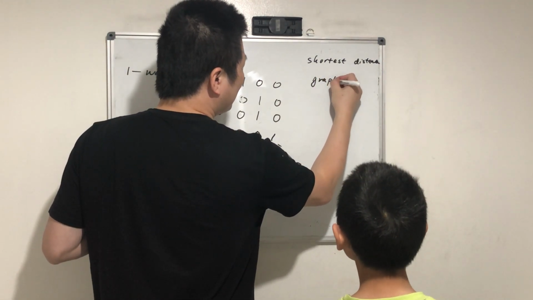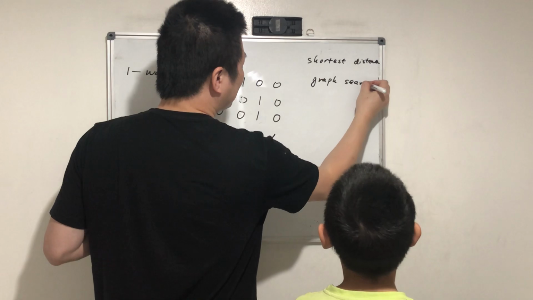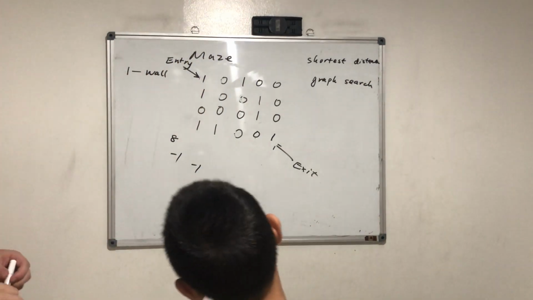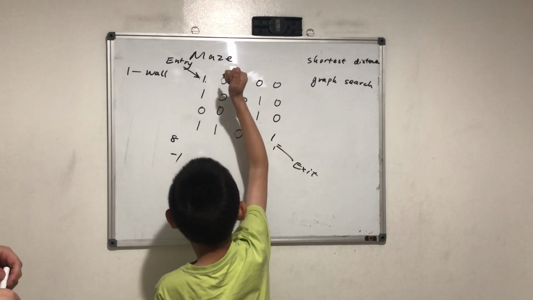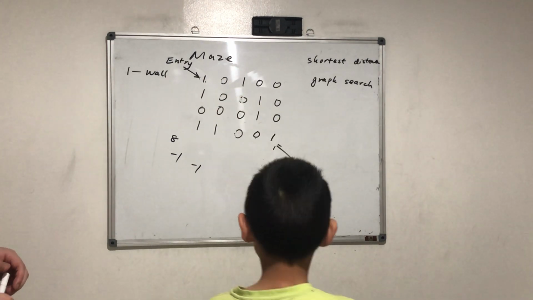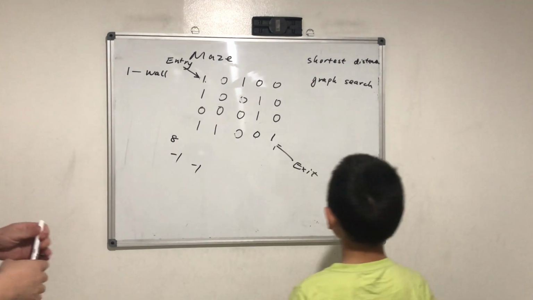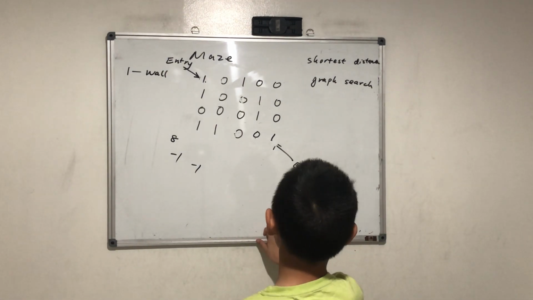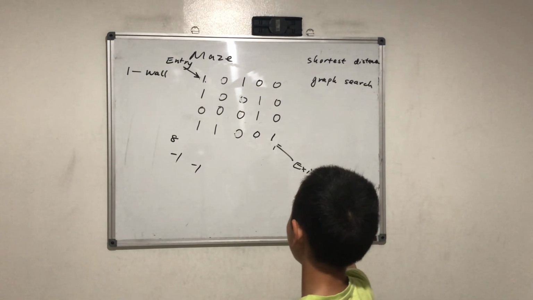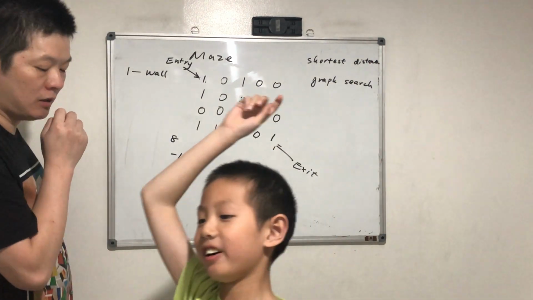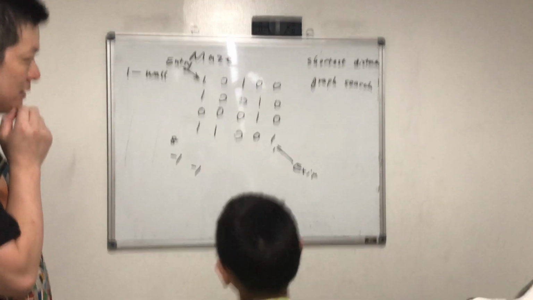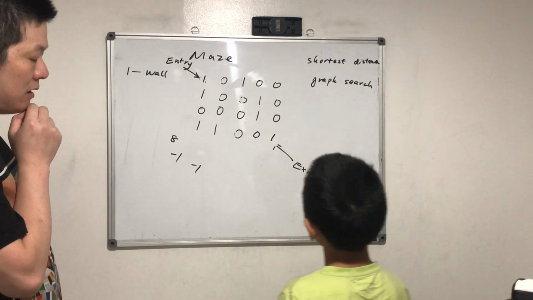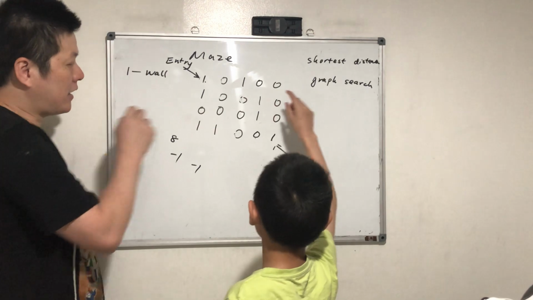How do you search a graph for the shortest distance? First, if the exit is blocked, you return -1. Yeah, and then I'll give you a hint.